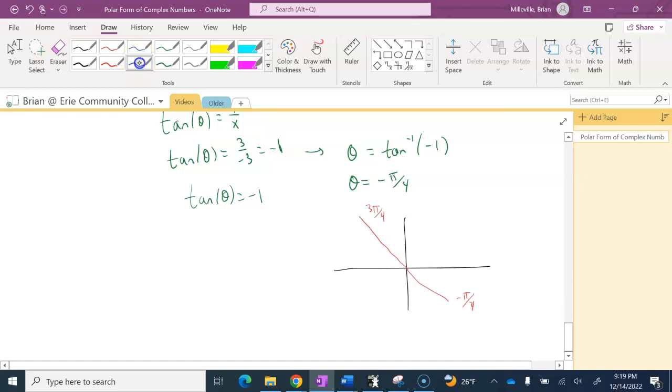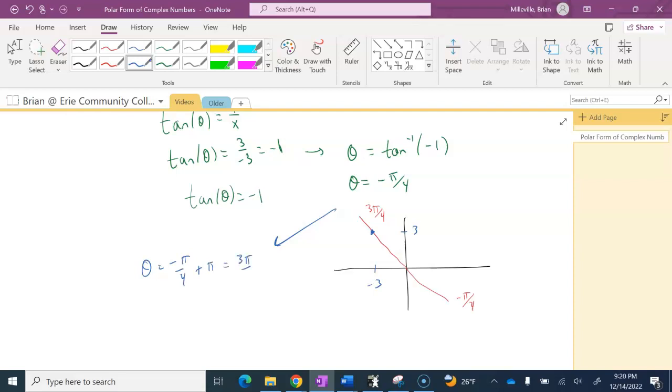And that's the one we need, because our ordered pair is negative 3, 3, which is, for instance, right here on the terminal side of that angle. So we cannot use theta equal to negative pi over 4. We must recognize that we have to compensate by adding pi onto this. So the angle we actually need here is negative pi over 4 plus pi, which comes out to 3 pi over 4.